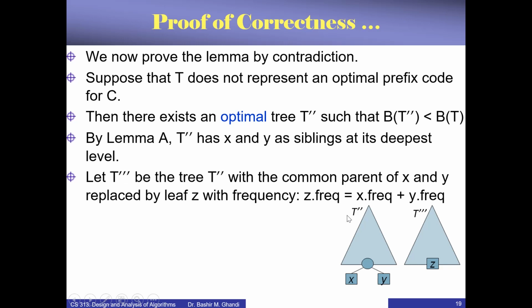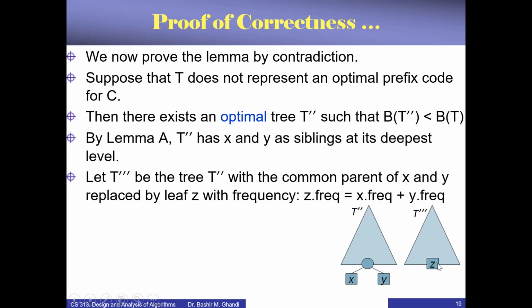Okay. Now let T triple prime be the same tree T prime, but with the common parent of x and y replaced by a new node z, whose frequency is the sum of the frequencies of x and y.